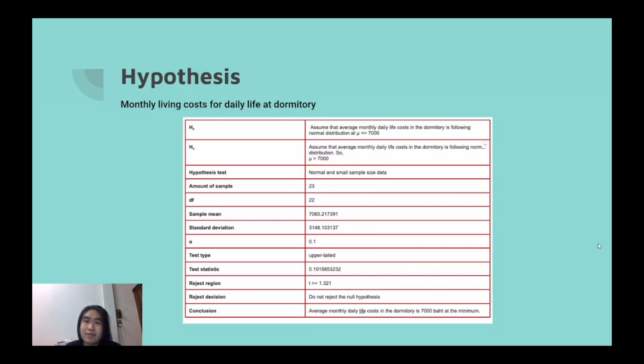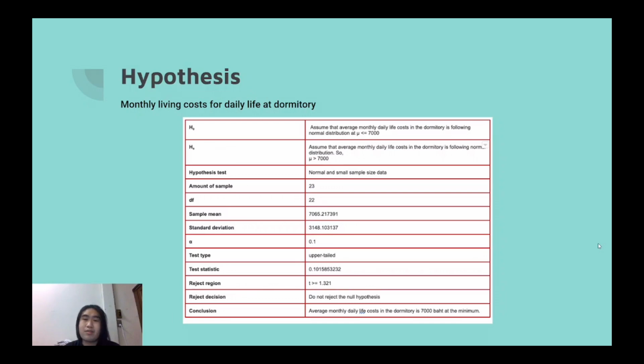The test type that we use is an upper tail test because we want to know the minimum of the average monthly living costs for daily life at the dormitory. The significance level is alpha equal to 0.1 and p equal to 0.9. So the rejection region will be t greater than or equal to 1.321. If the test statistic is more than or equal to 1.321, we will reject the null hypothesis.